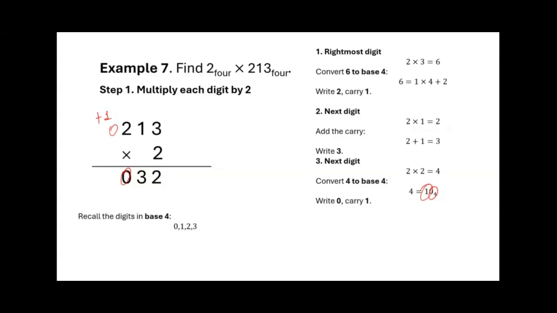So you put a 1 at the end. Or simply, many people like to say, since there's nothing else, then just bring that 1 down, which is sometimes called the final carry. You carry down that 1. So the result is 1032. So if you multiply 2 times 213 in base 4, the result is 1032 in base 4.